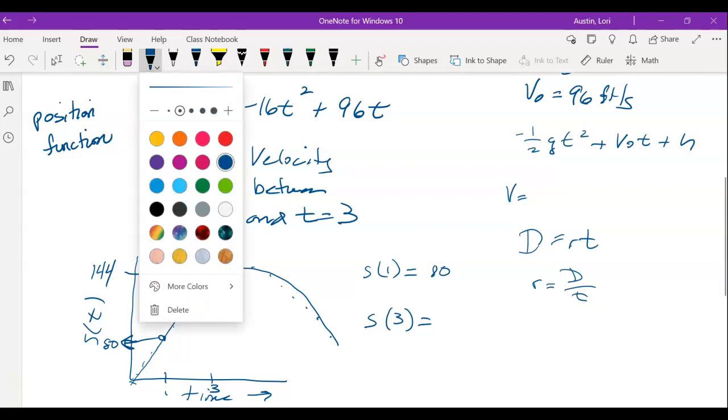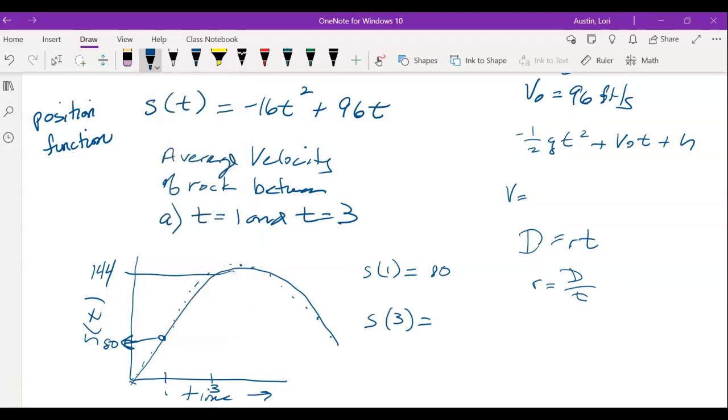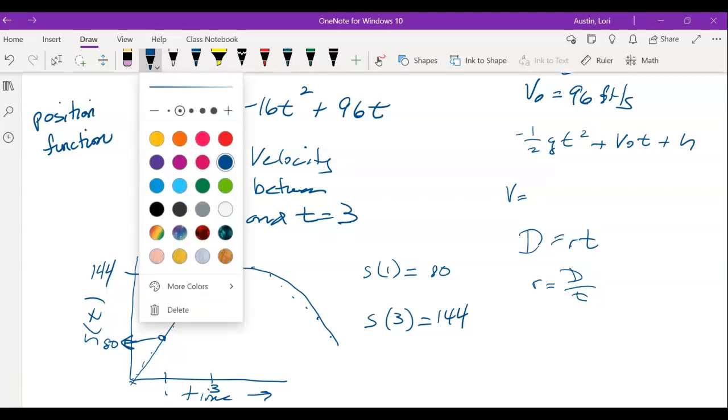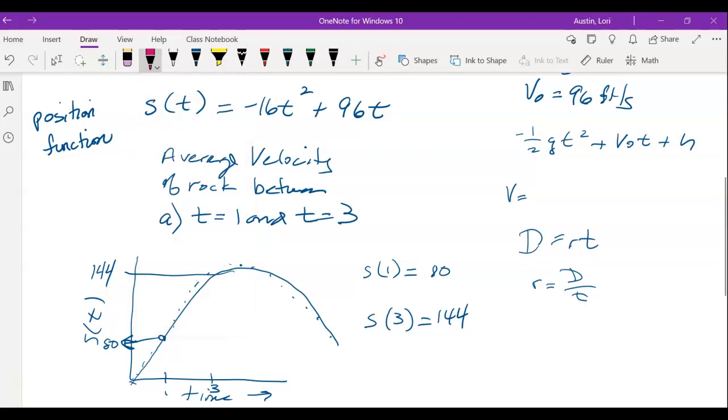So now I need to know average velocity. So to get average velocity, I can find... we're going to use hot pink apparently. Average velocity is simply going to be the slope of the line that goes through those 2 points, which we now know is called a secant line.